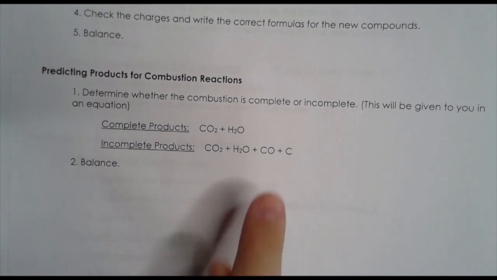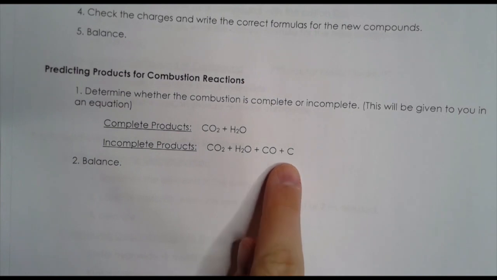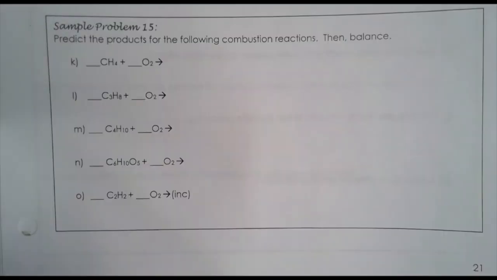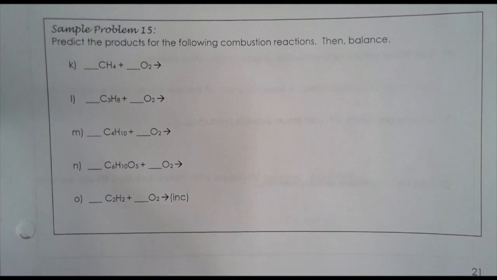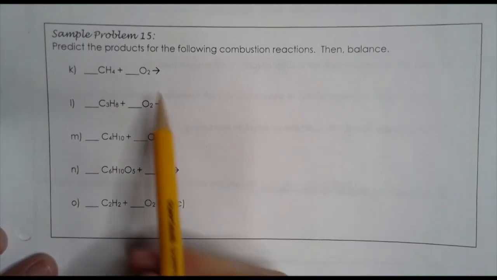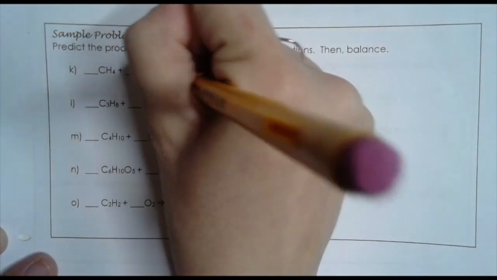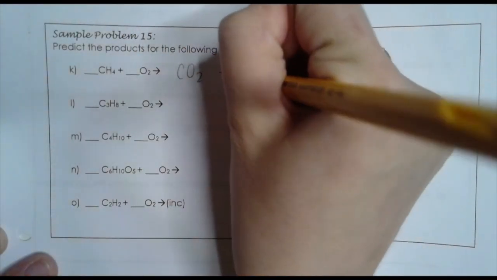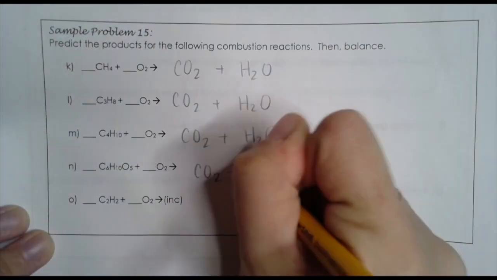In that case, you would have two additional products, carbon monoxide and carbon. I will tell you if it is incomplete. That's what this INC means. It is in fact an incomplete combustion. For these first four, however, these are CO2 and H2O. So I can just write those as products.